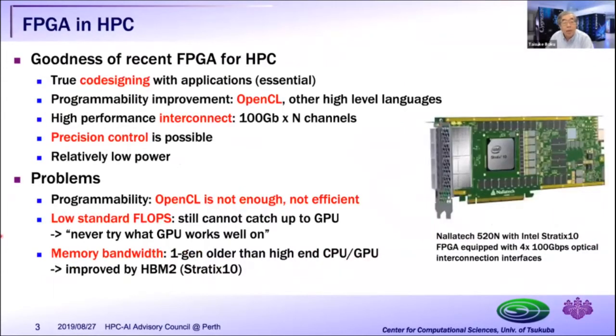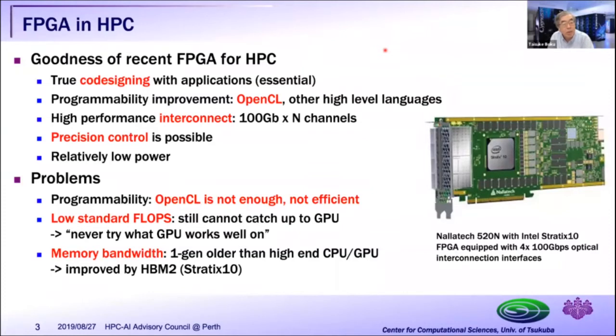So, FPGA. I think some of you are not so familiar with FPGA in today's HPC. Today's advanced HPC-oriented FPGA is very, very good. First, there is a large number of logic elements to implement the circuit. And we can now use so-called HLS, high-level synthesis languages like OpenCL, not a traditional hardware description language.